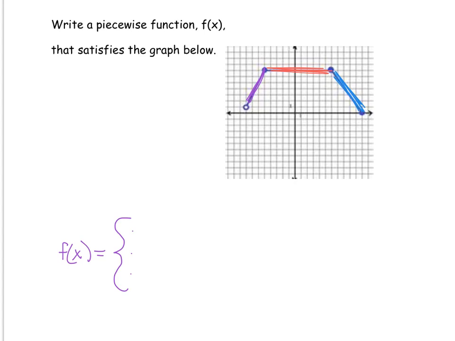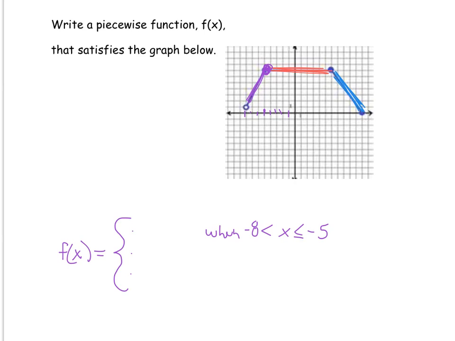Okay, and modeling my earlier one, you could say when or if, and I want to go x is in between, let's see, 1, 2, 3, 4, 5, 6, 7, 8, negative 8 to negative 5, when x is greater than negative 8 but less than or equal to negative 5, and I'm just choosing this to be closed in purple.